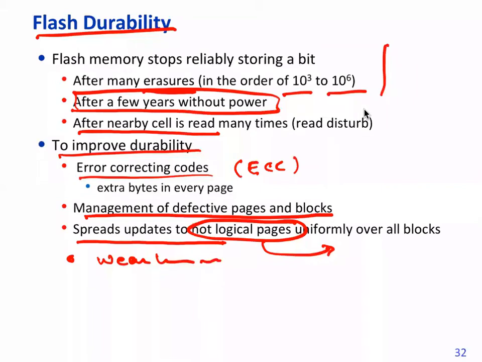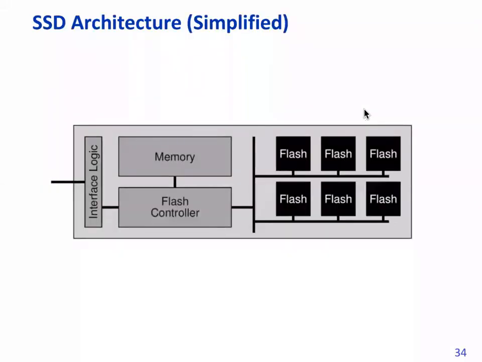So some logical addresses are used very heavily, and they are mapped to certain physical locations on flash. Then this mapping can change often, such that many physical locations can be used for the same logical page. All right, there's another 10 minutes and we'll close.